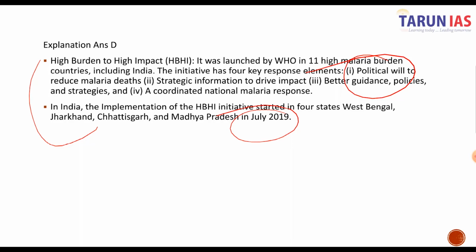Better guidance, policies and strategies are important. See, in order to achieve any objective, the first thing is the policy: what is the design of the policy, how well informed the policy maker is while designing the policy. This is the first step, a robust policy. However, no matter how robust the policy is, if the implementation is wrong, then the policy goes wrong.